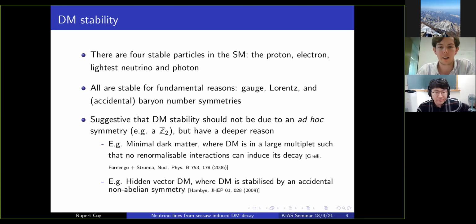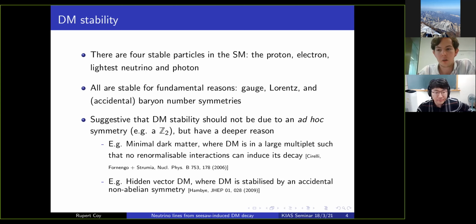Let me say something very quickly about stability. We know that there are four stable particles in the standard model, and they're all stable for very fundamental reasons, and none of them are ad hoc. You put in the gauge symmetries, the Lorentz symmetry, the particle content, and then the particles that are stable are just stable like that.